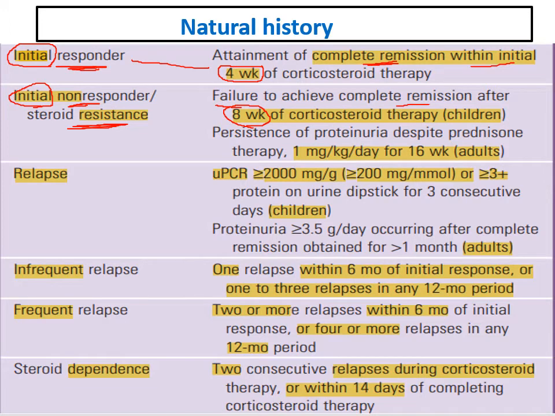This is in children. يبقى when I define the children as steroid resistant, after 8 weeks of steroid therapy if they don't achieve complete remission. In adults, when I define the adult as steroid resistant or non-responder, after 16 weeks. Very important definitions. Very important in exams and very important in our clinical life. In adults I should wait.